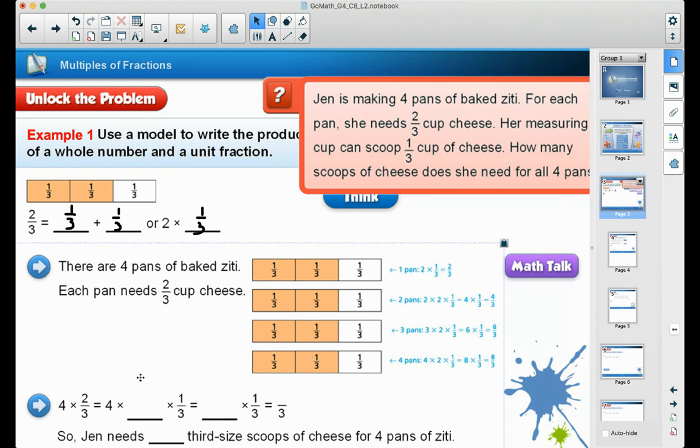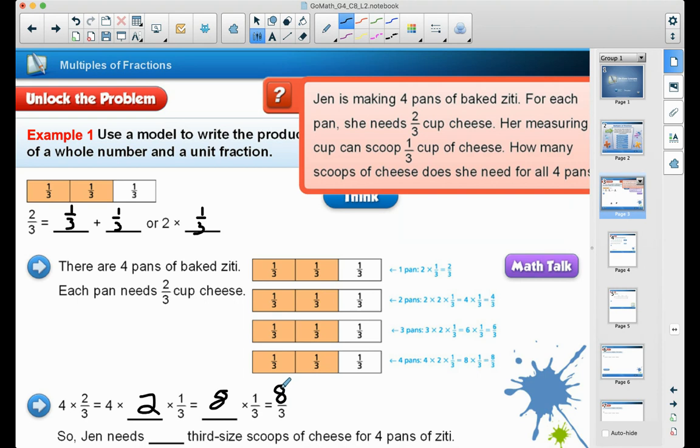So the way we can write this is 4 times 2/3 is equal to 4 times 2 times 1/3, which is equal to 4 times 2 is 8, 8 times 1/3, which is 8/3.